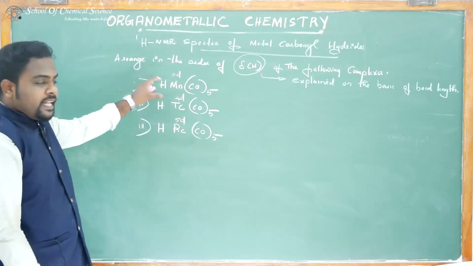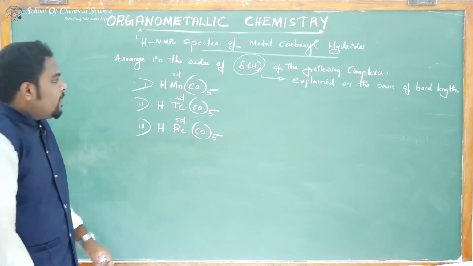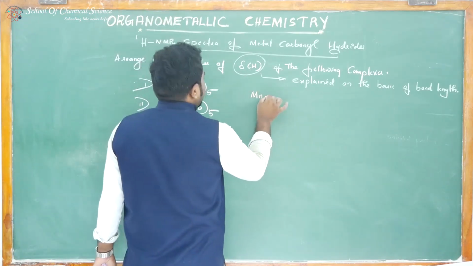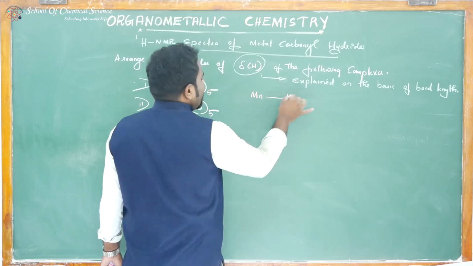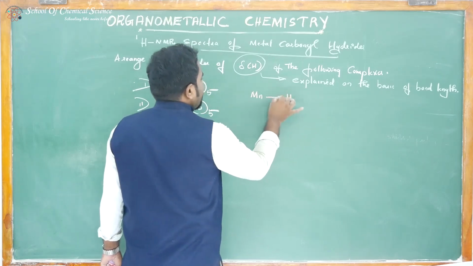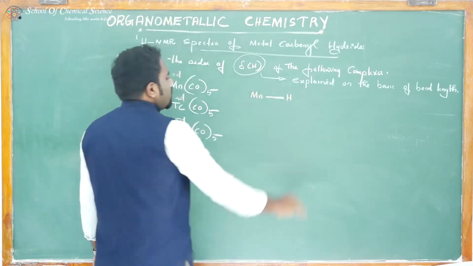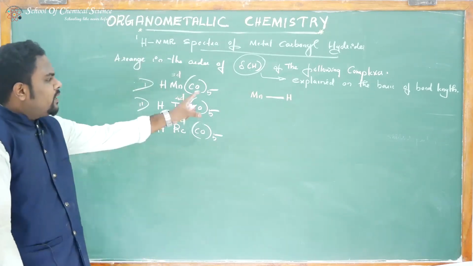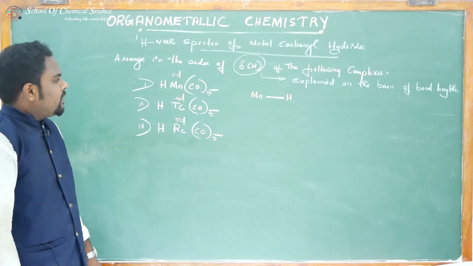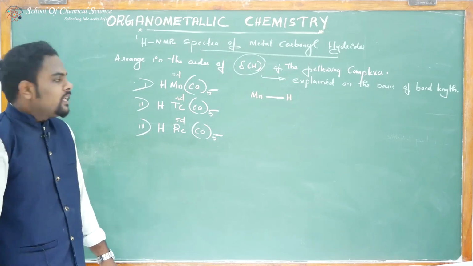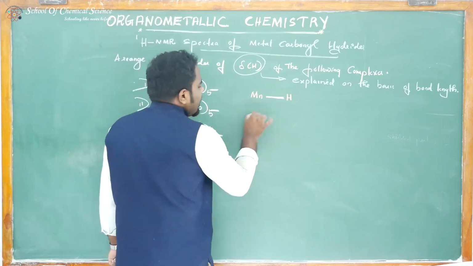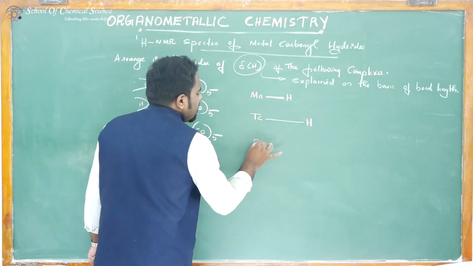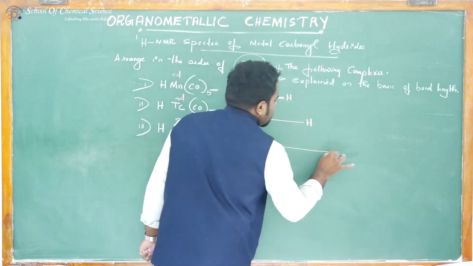In manganese back donation is very high and size is very low, so the manganese hydrogen bond length is very low due to high back donation as well as small size. Technetium hydrogen bond length is a little bit higher and rhenium hydrogen bond length is very high.